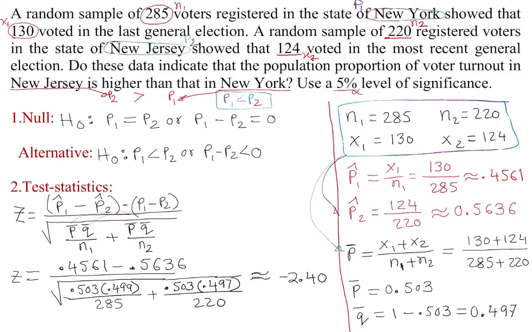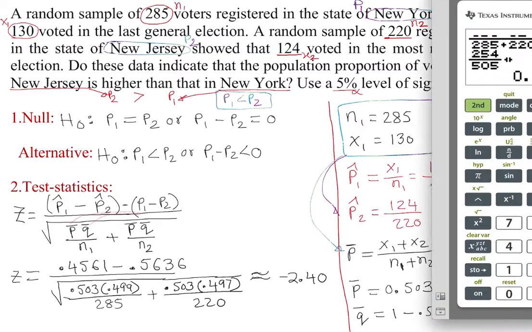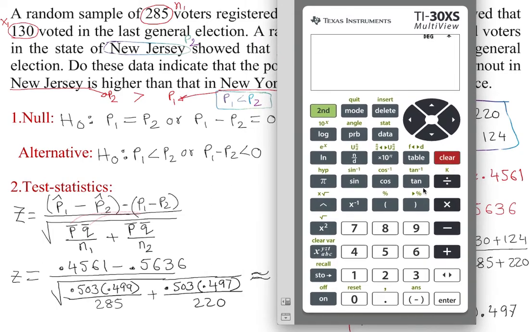Well, let's take a look here. Is that what we're supposed to have? I'm going to use the calculator again. So I'm going to use n over d: 0.4561 minus 0.5636, and go downstairs. Big square root, x squared, and we need a fraction n over d. 0.503 times 0.497.